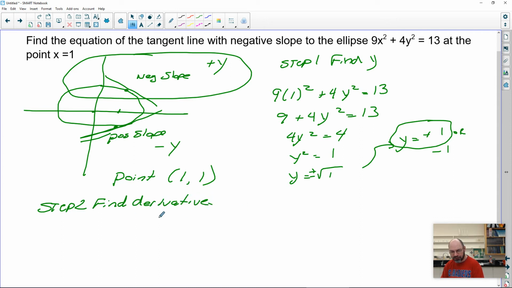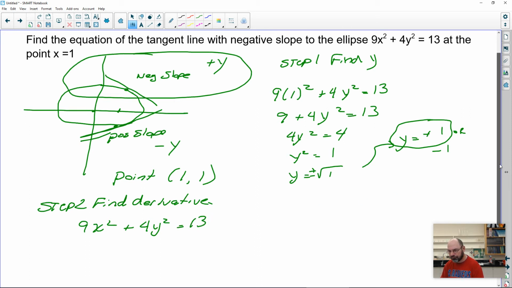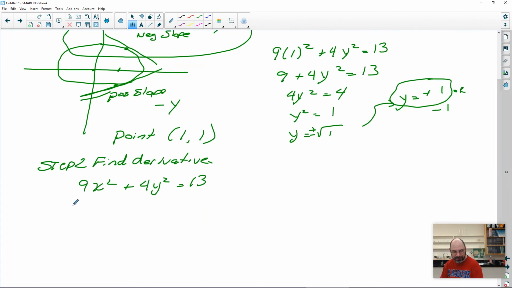You've got the derivative here that we're going to calculate from 9x squared plus 4y squared equals 13. So let's put our derivative in. So that's 18x plus 8y y prime equals 0.